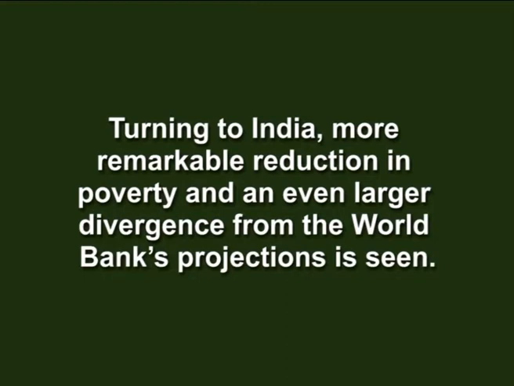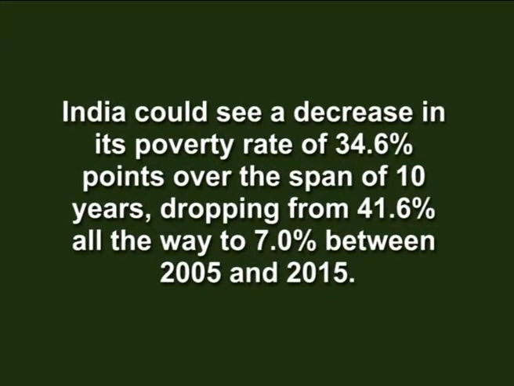Turning to India, a more remarkable reduction in poverty and an even larger divergence from the World Bank's projection is seen. India could see a decrease in its poverty rate of 34.6 percentage points over a span of 10 years, dropping from 41.6% all the way to 7% between 2005 and 2015.